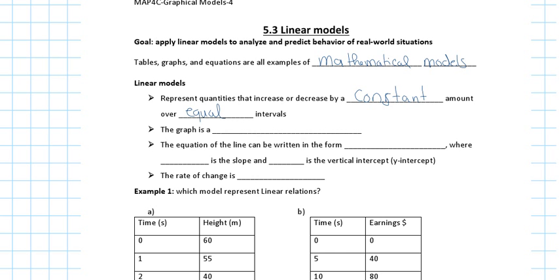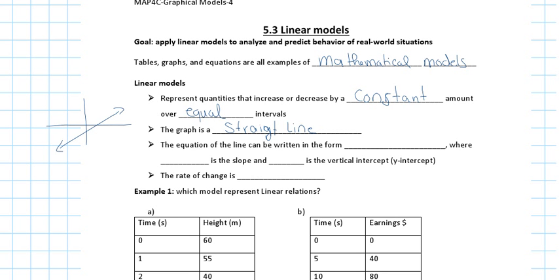The word linear comes from what? Straight line. Right? They should be related. So the graph is a straight line. So if I'm looking at a graph for a linear function, it's going to be a straight line.